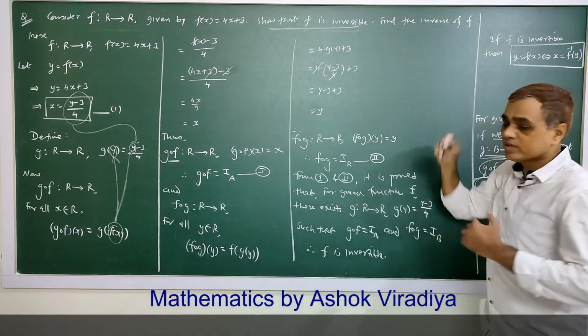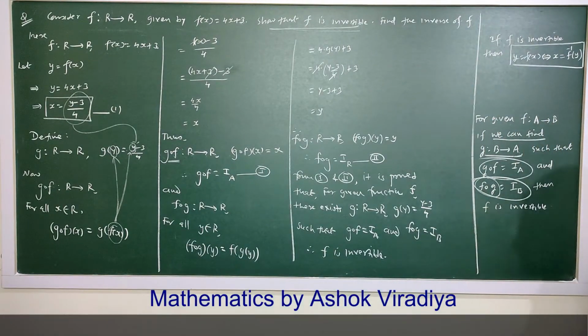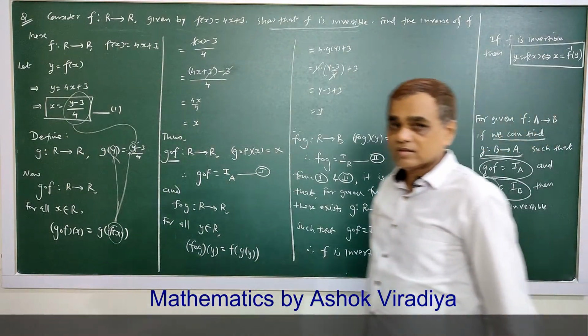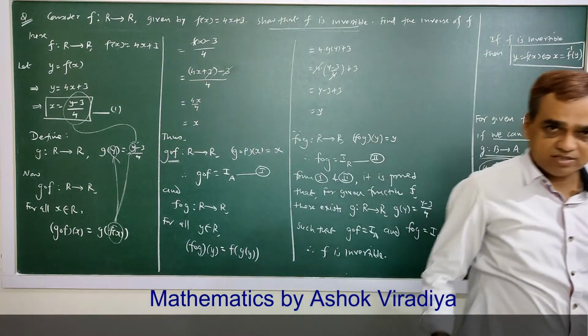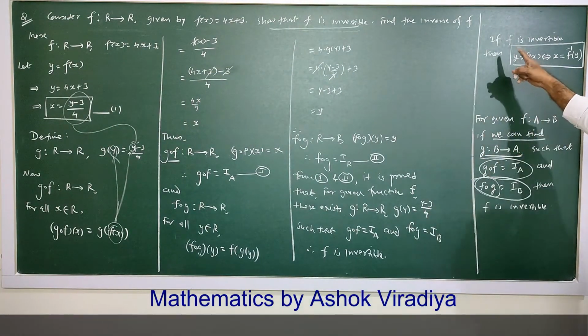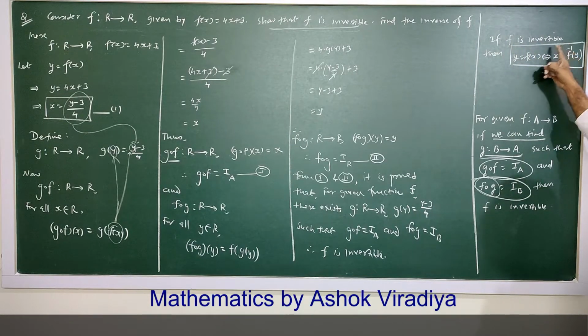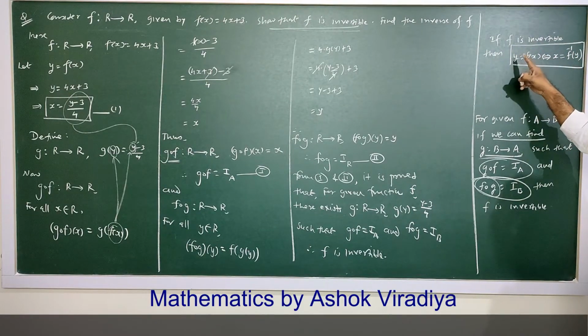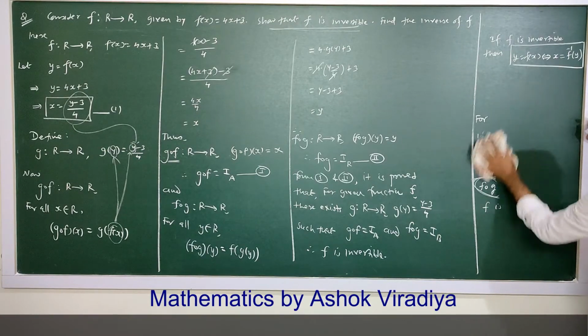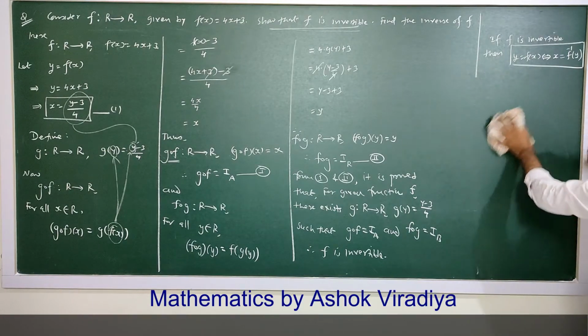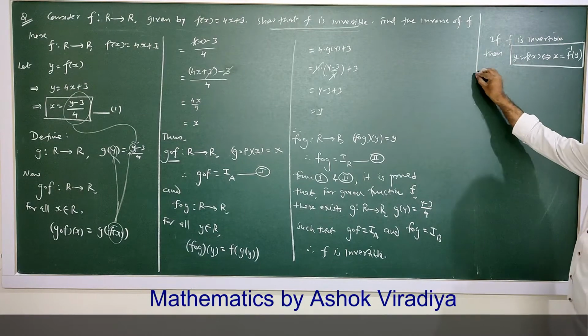Now we want to find the inverse. If the function is invertible, as discussed, then y equal to f(x) implies x equal to f inverse of y.